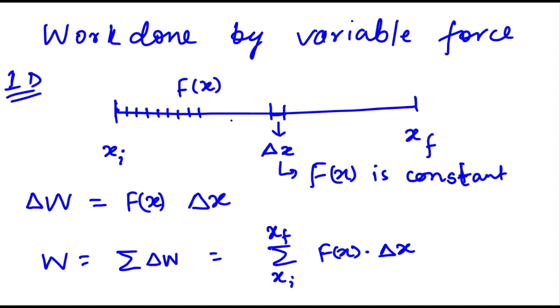So we can do small fragmentations of this displacement, and over those fragments, small elemental lengths, we can consider force to be constant, and then we can multiply force with these elemental lengths delta x, and then we can get small elemental work done here, and then we can add all those small delta W, and then we can get the work done on the body from here to here.